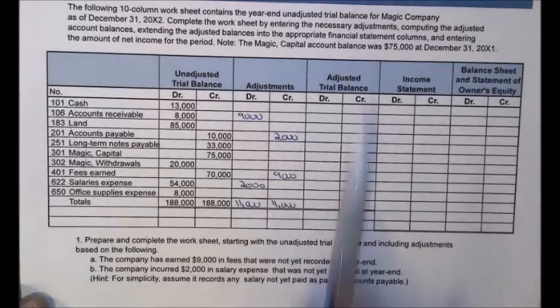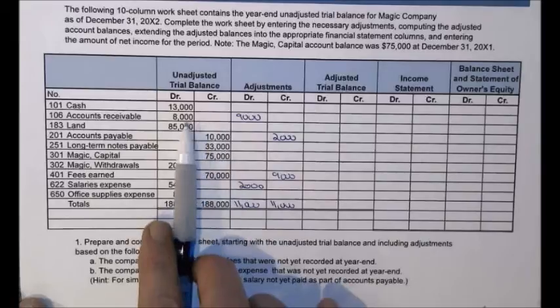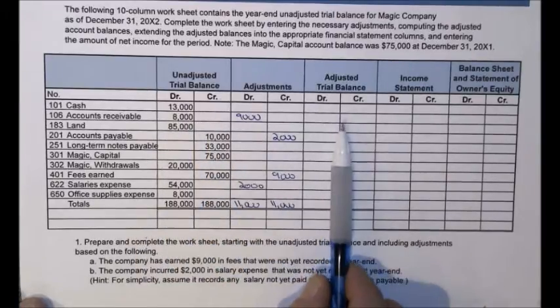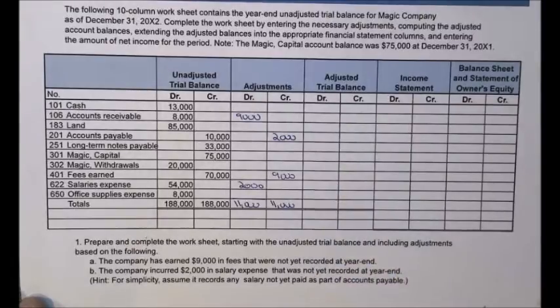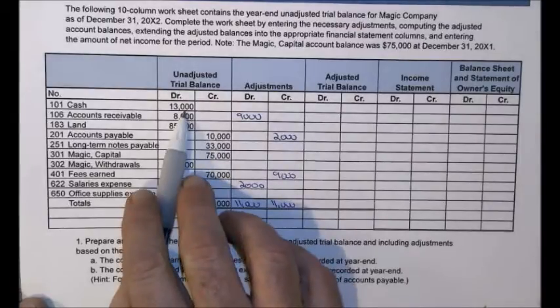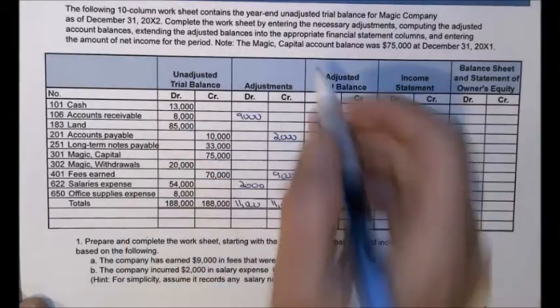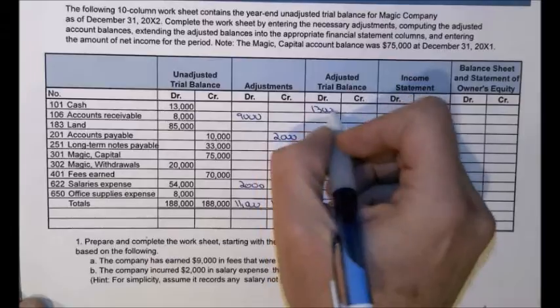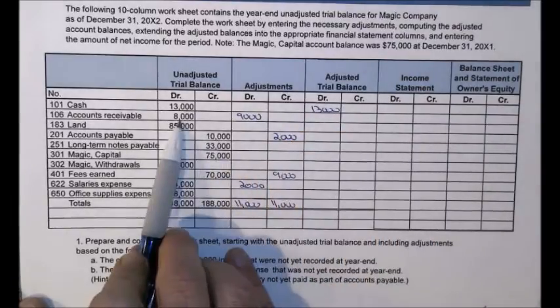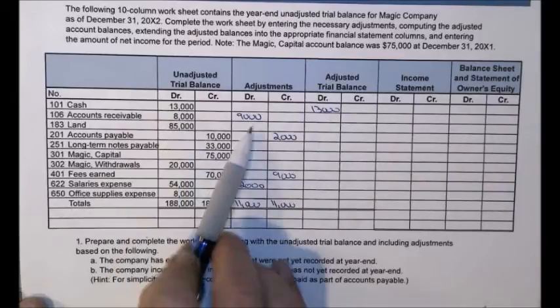Now we need to do our adjusted trial balance. That's just bringing over the unadjusted trial balance, accounting for the adjustments, and filling it in here. So this is just mechanics; we're just moving things from one spot to another. Cash is $13,000. We didn't do anything, so it stays at $13,000. Accounts receivable has a debit balance of $8,000, and I debit that for $9,000.